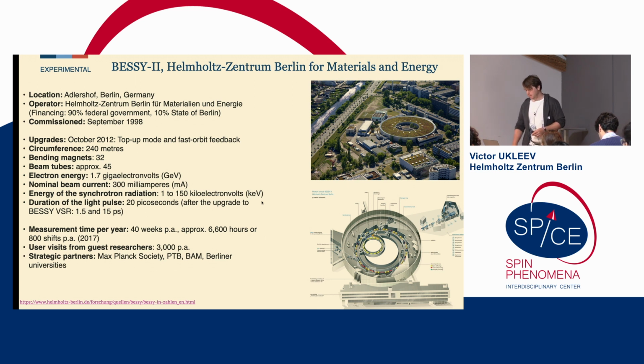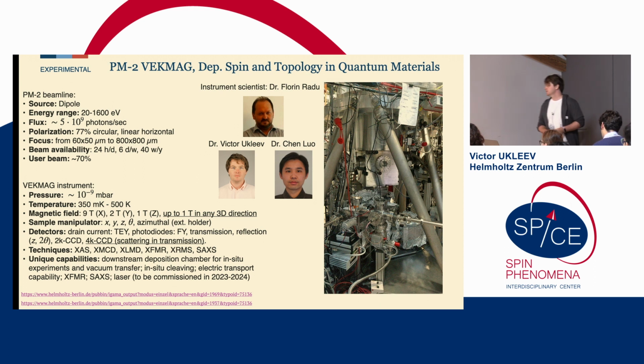And it's famous for its beam stability and time-resolved applications. The instrument I'm working at, in particular, is located at the PM2 beamline. The end station is called VEKMAG, meaning vector field magnet, obviously. The beamline is a dipole beamline, located at the bending magnet.